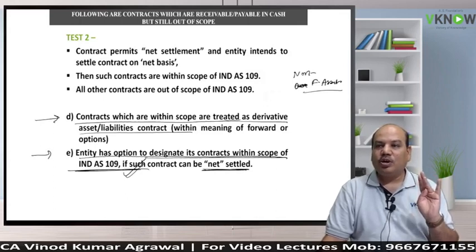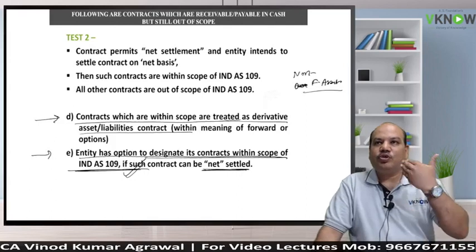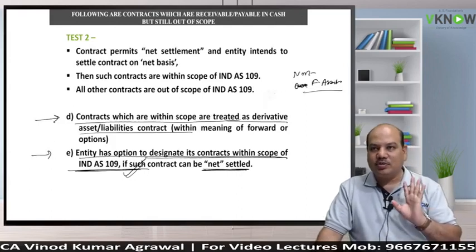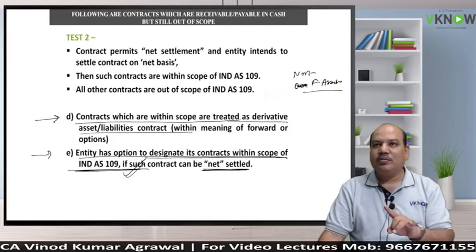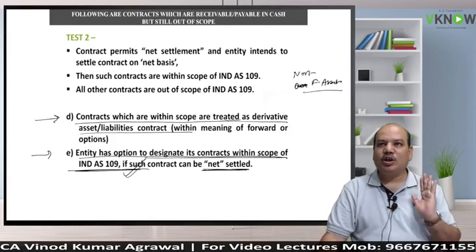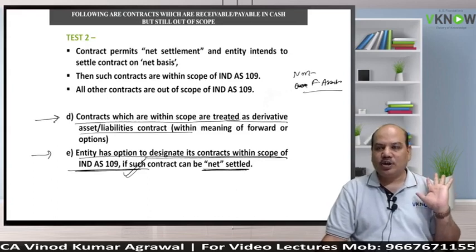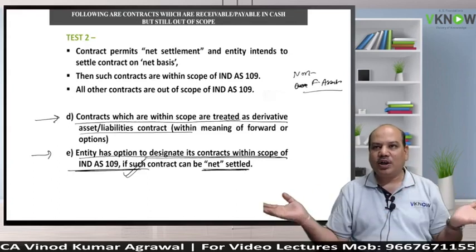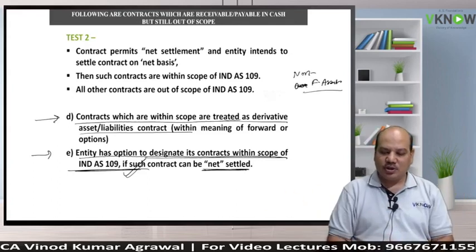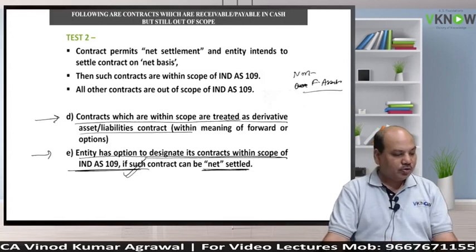Third, the contract permits net settlement and the entity wants to settle it on a net basis. And fourth, the contract permits net settlement and the entity chooses an accounting policy of Ind AS 109. In other cases, contracts for non-financial items are outside the scope of this standard. Is it right? So now we will continue tomorrow.